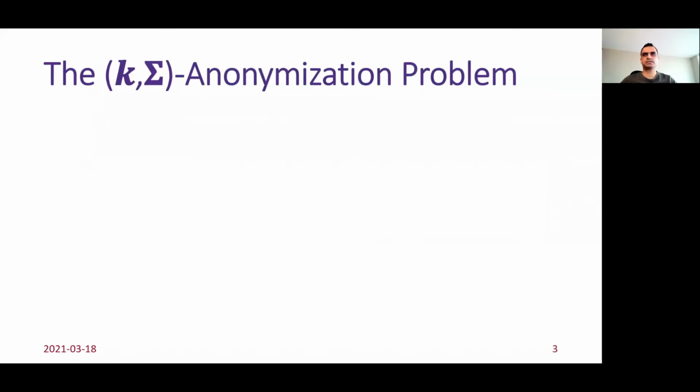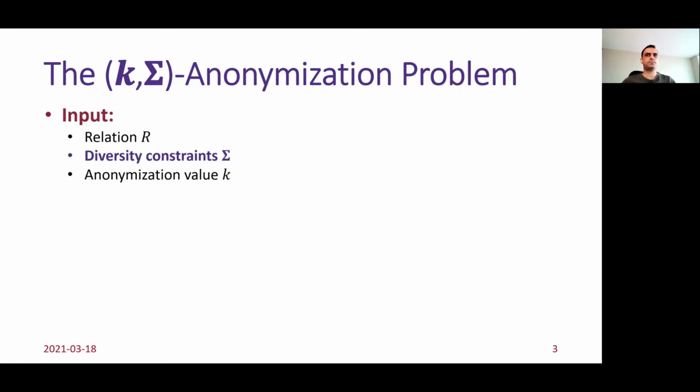So to address this issue, in this paper, we formalize and solve the problem of k and sigma anonymization. Here, sigma is a set of constraints that represent diversity in data. The inputs to this problem are relation R, diversity constraint sigma, and anonymization value k.